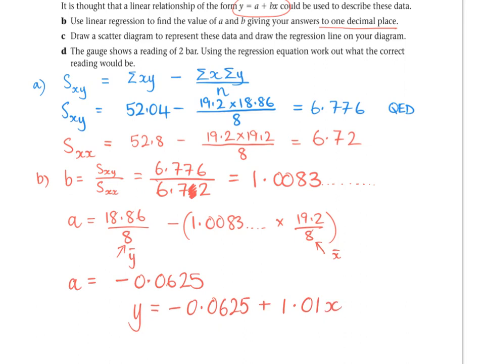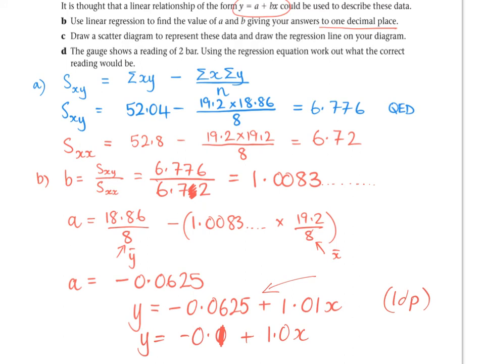Now if we look back at the question, it did ask for 1 decimal place. So really we want to write that as minus 0.1 plus 1.0x. So just be careful. But this is the usual form where you've got lots of decimal places. So I would make sure, read the question carefully so you know what degree of accuracy you're looking for.